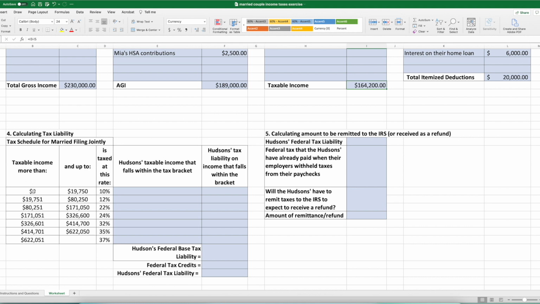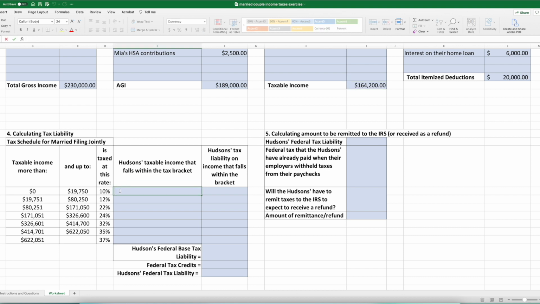The first portion is your income from $0 to the first $19,750, also called the 10% tax bracket. So we take some of their taxable income and pour it into this tax bracket. How much of their income is going to fit into this first bracket? It's going to cover the entire bracket because their taxable income is more than $19,750. It's going to fill it up entirely.